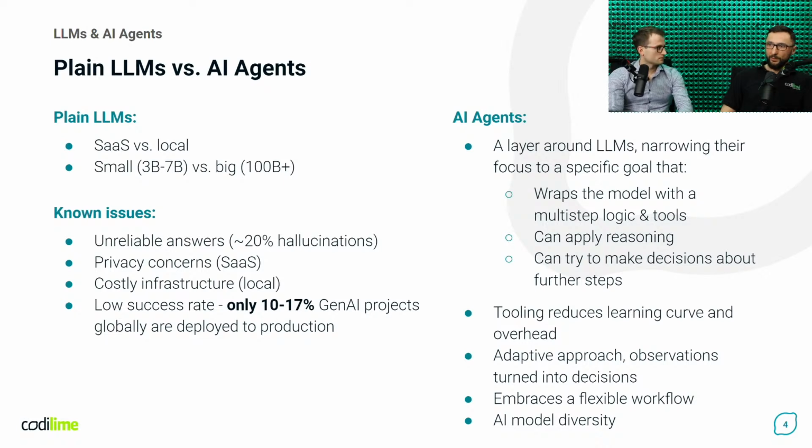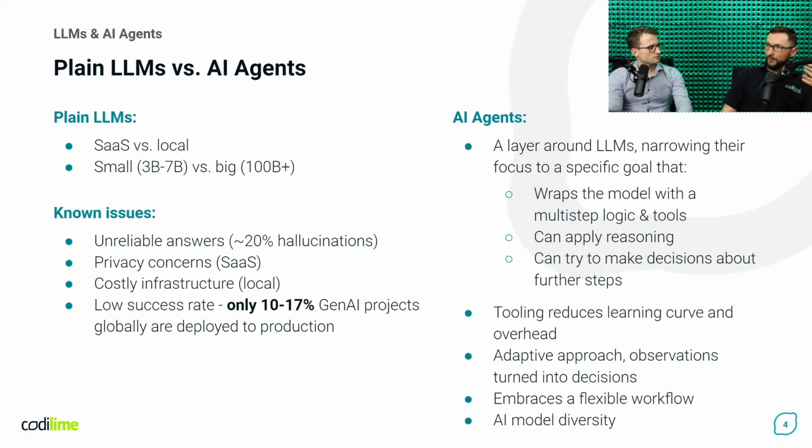Well, that's why I'm focusing on AI agents, because what they are, and it will be essential to understand when we're talking about Gen AI, AI agents can be treated as some sort of a wrapping layer around the LLM model. What they offer additionally is that with them you can do multi-step logic. They have additional tooling.